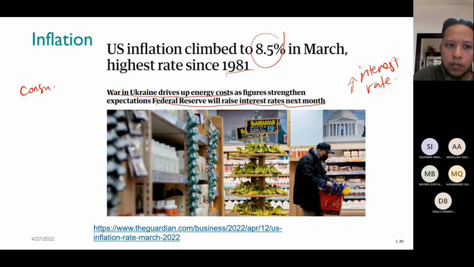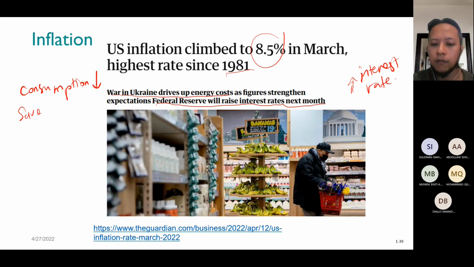So when you increase interest rate, consumption supposedly will reduce, and consumption is spending. Because of increasing interest rate, people will also save more money in the bank, because when you save money in the bank, you can get more interest. Instead of taking out money from the bank to spend, you will put money in the bank to get more interest.